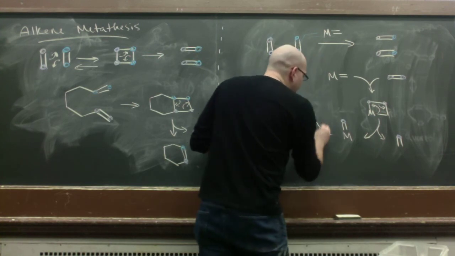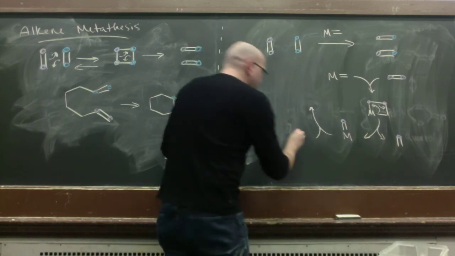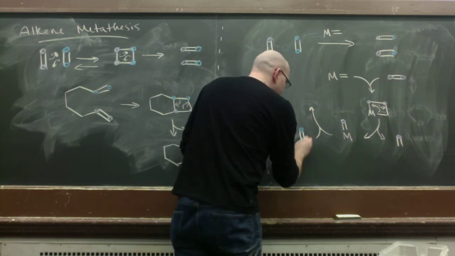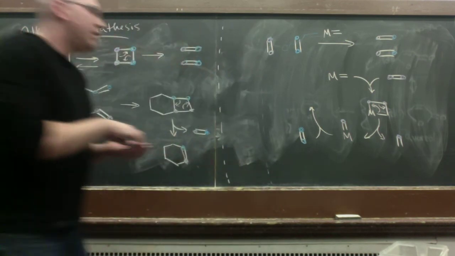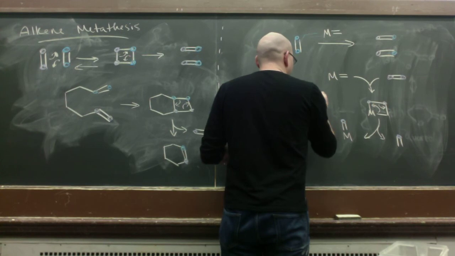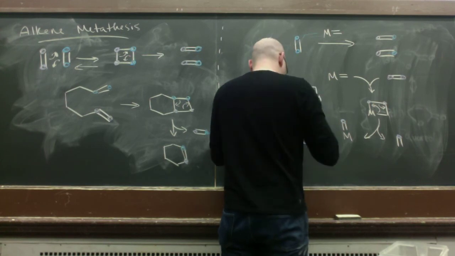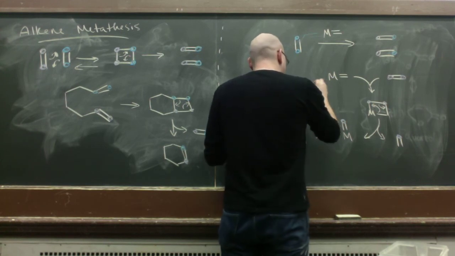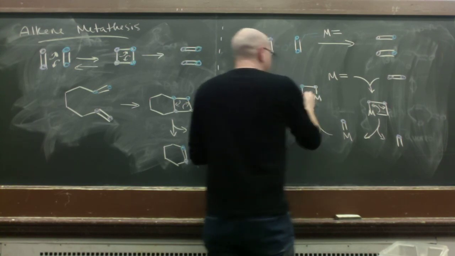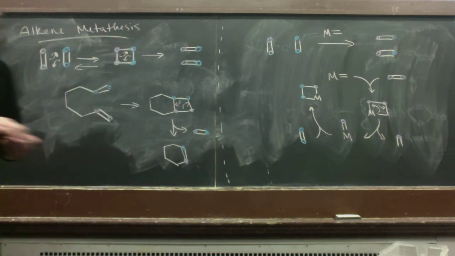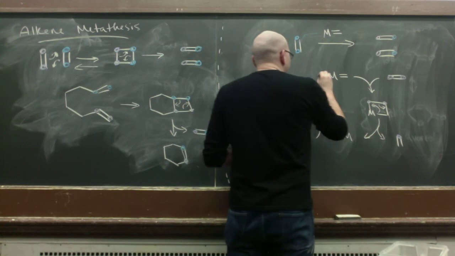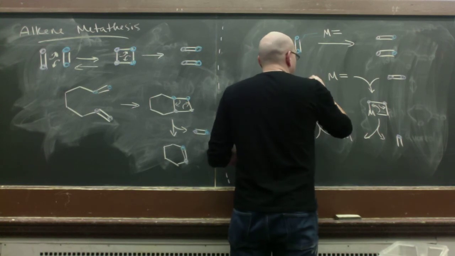Now, if you bring in a second equivalent of an alkene, let's say that blue one that we showed, now we'll be able to do that 2+2 again. And during this process, we're going to generate a new metal carbon bond.